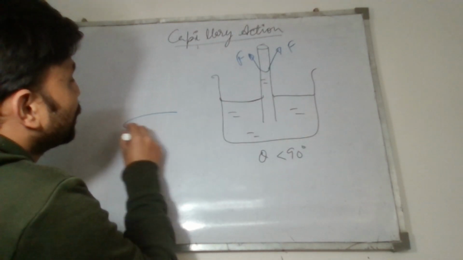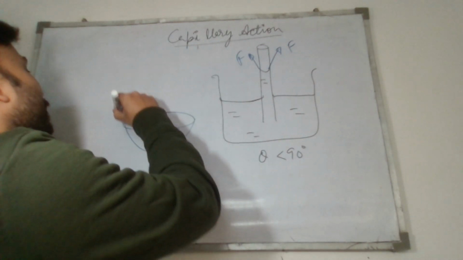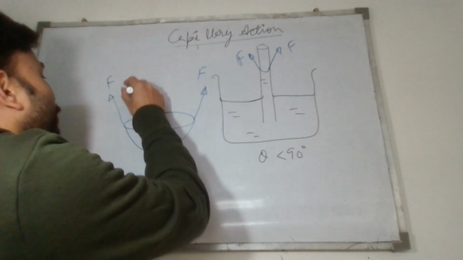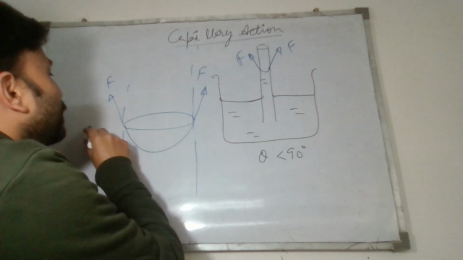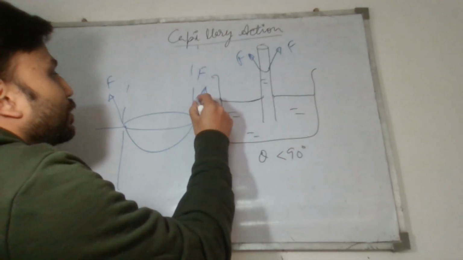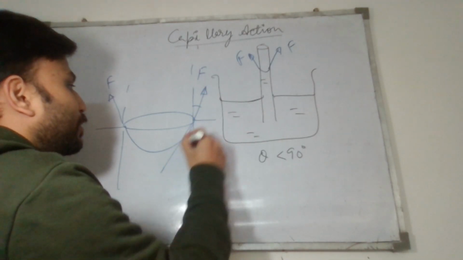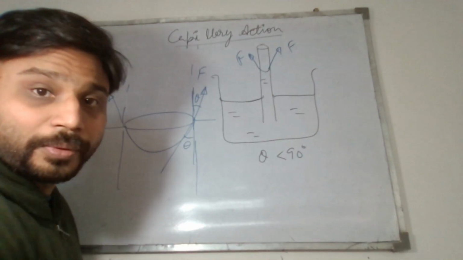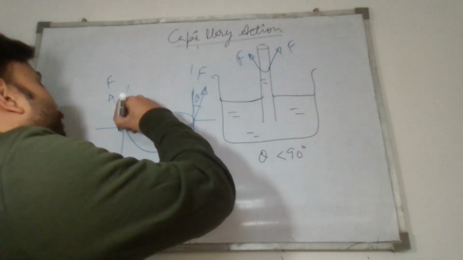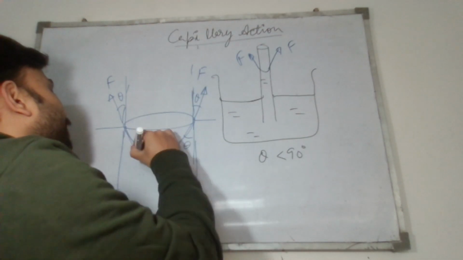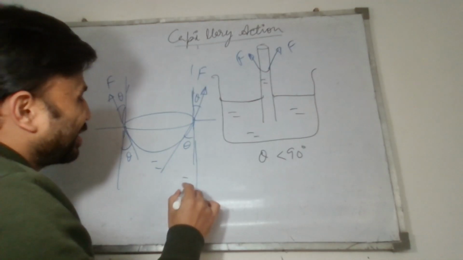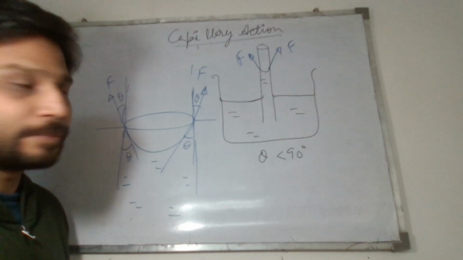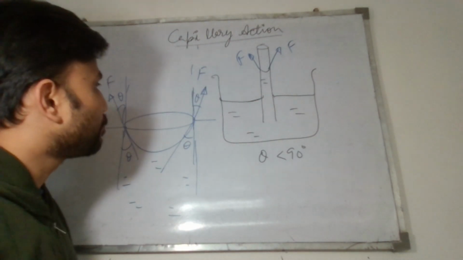This is the cross-section view of the capillary. These are how the forces are acting, and the angle which the force makes with the solid surface of the capillary is the same angle which we are talking about, the angle of contact. So this angle is theta. There is some kind of depression which is formed inside the capillary like this.